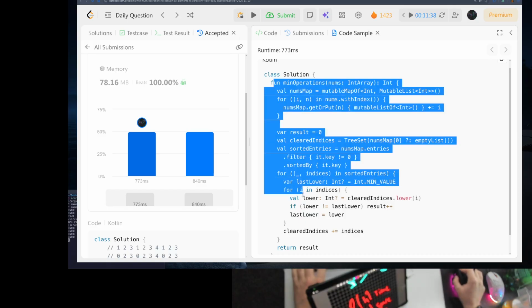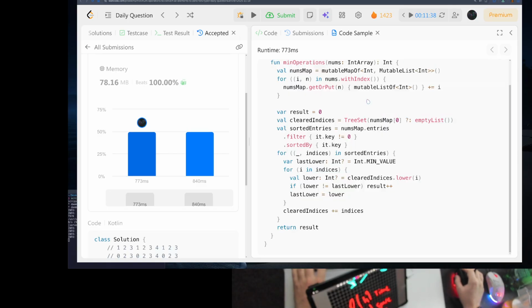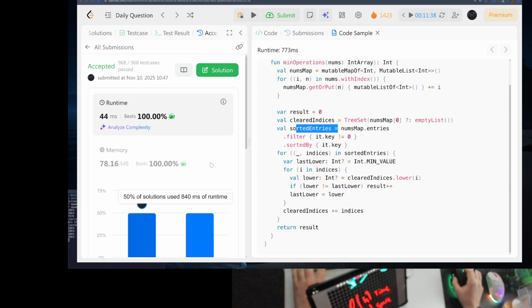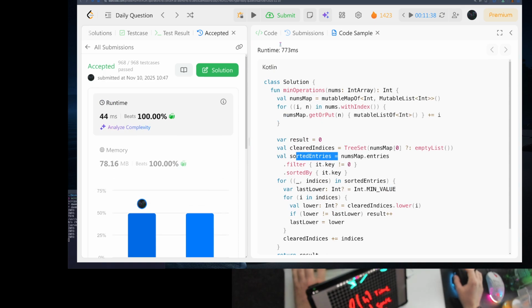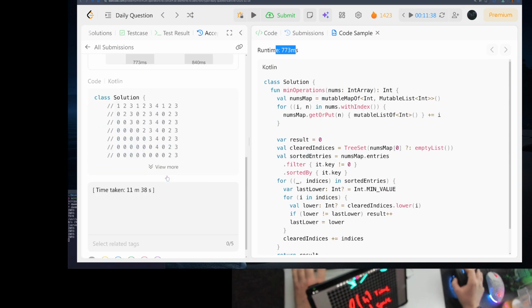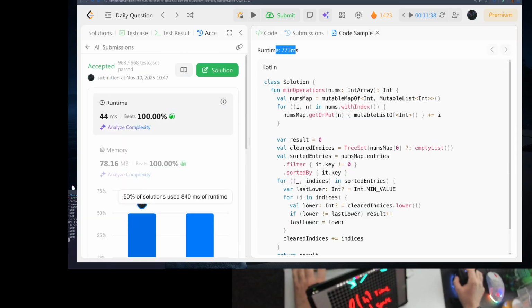And this solution is kind of worse, but it has n log n. As I see, they used reset and sort by, and it's much harder to comprehend. Also, my solution is 44 milliseconds, but this can be just unfortunate. Okay, that's it.